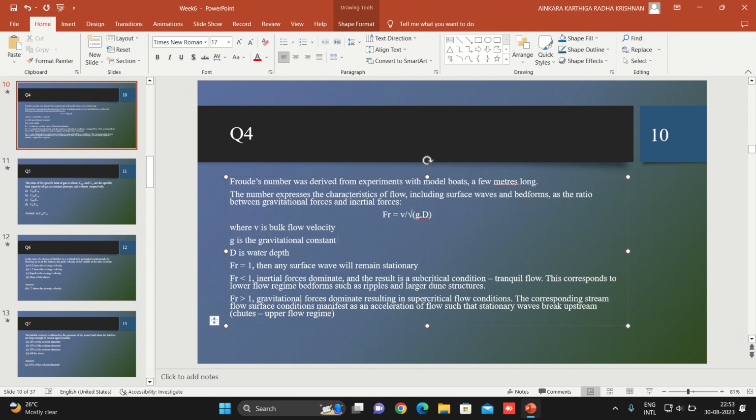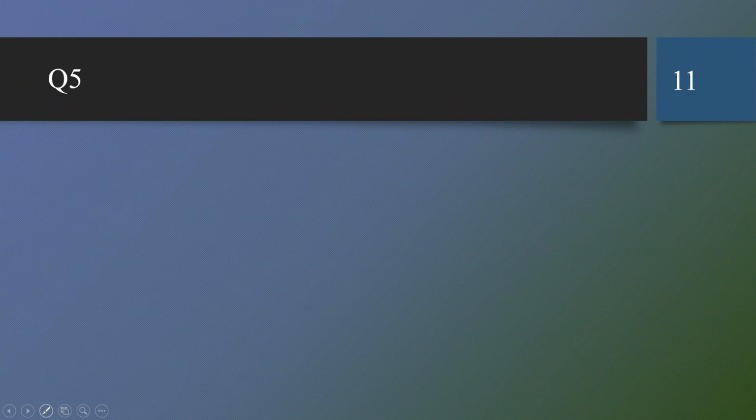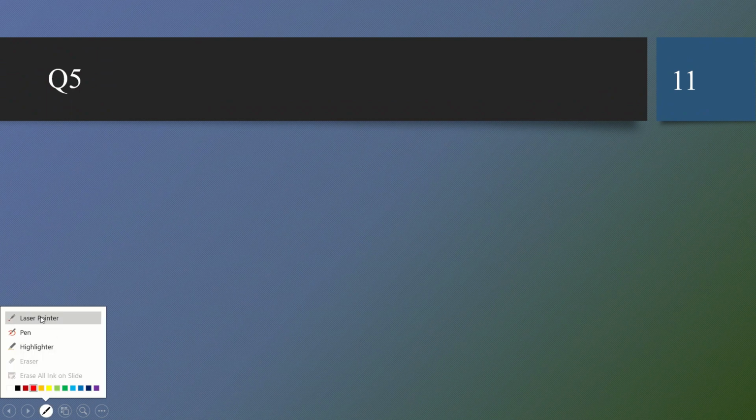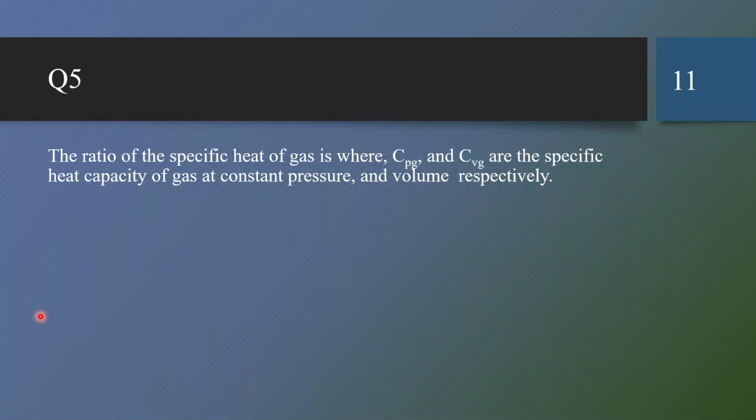So we saw about the Froude number, and after that we have seen the ratio of specific heat capacities, where Cp by Cv is given.